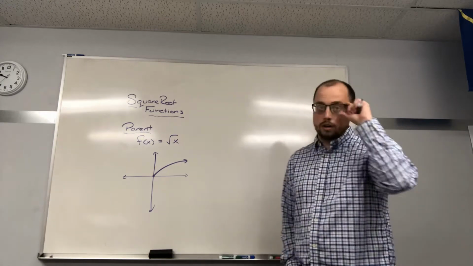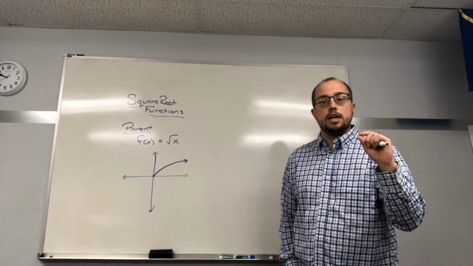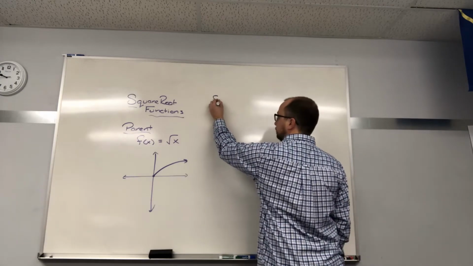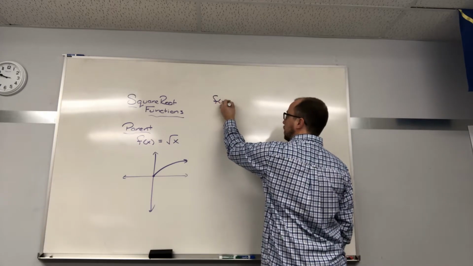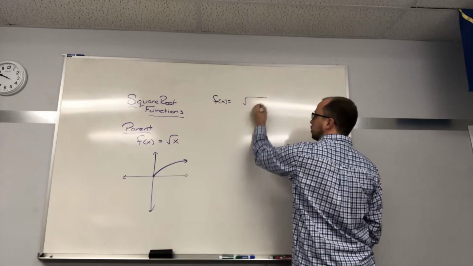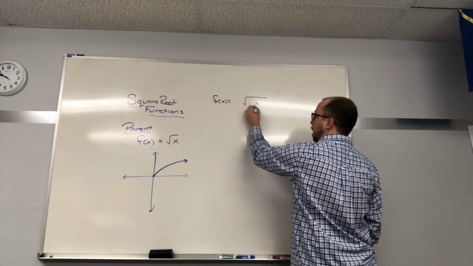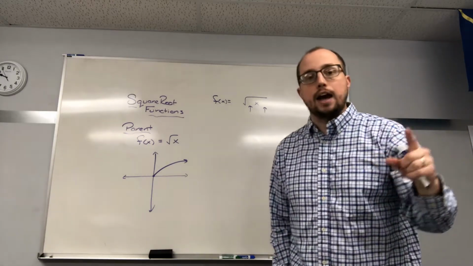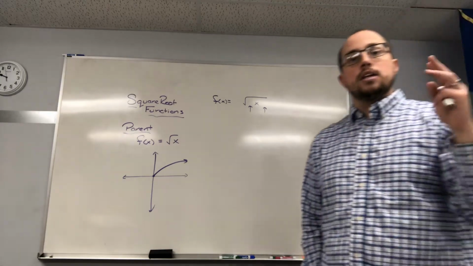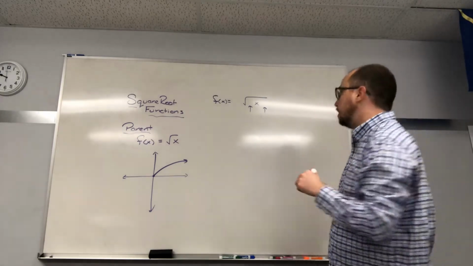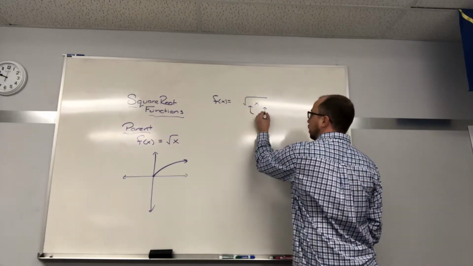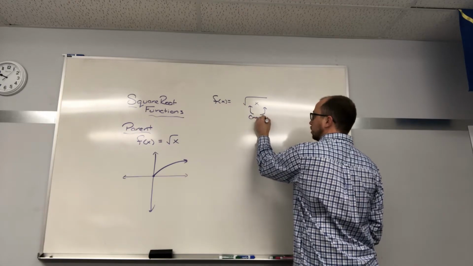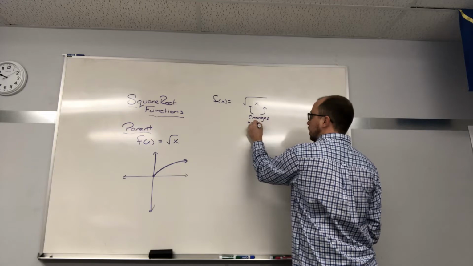Then we talked about the key shifts. We said if I've got f of x equals, and then underneath here I've got square root of x, anything that happens underneath this, whether it be something that's adding to the x, subtracting from the x, multiplying, a negative, something like that, anything under there would make changes to the x coordinates.